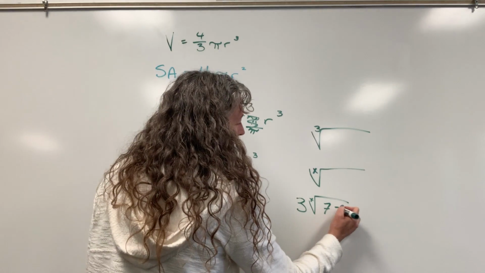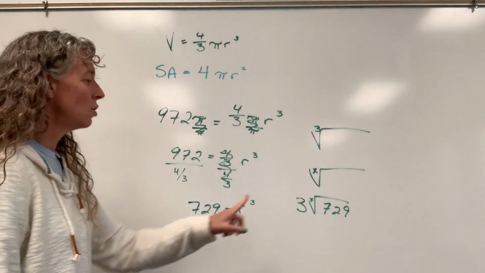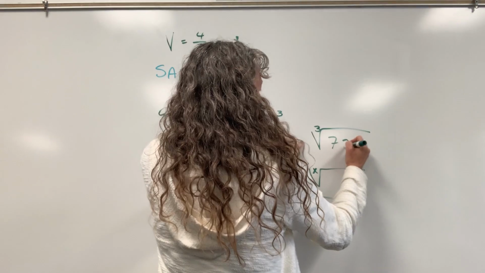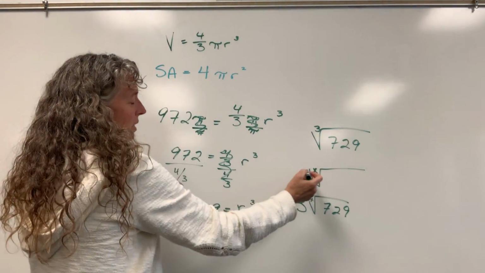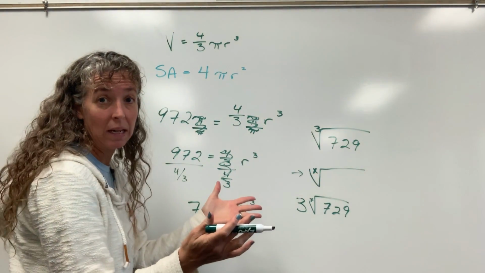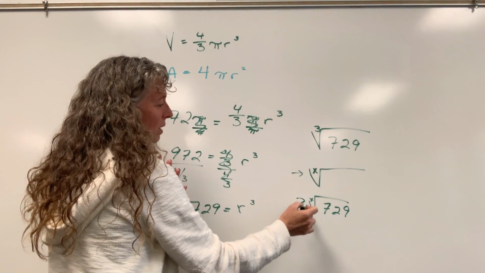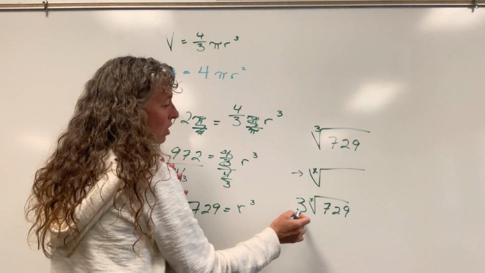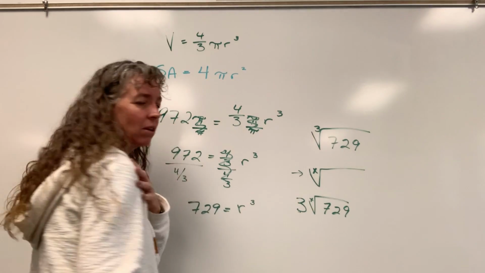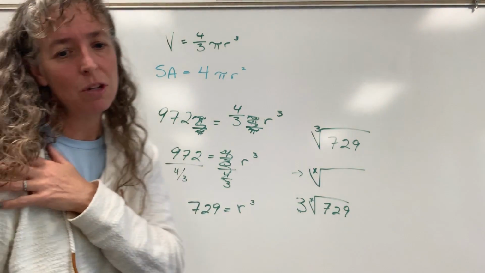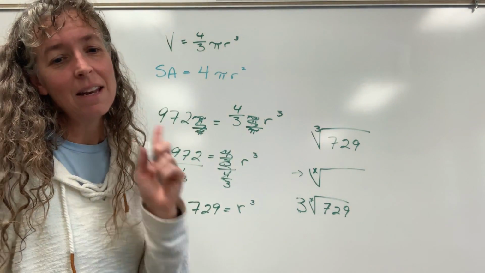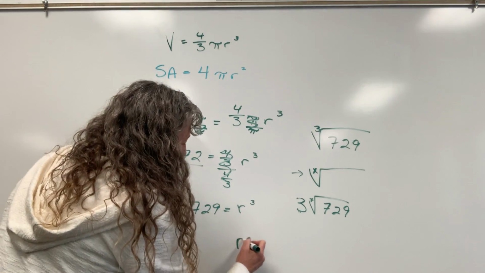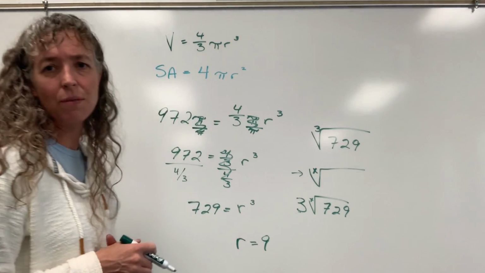You either use this button with 729 or use this button that can have any number you want in it. You just have to tell it what number to put in there first. So I'm just going to cube root 729. When you do that, you should get 9, that the radius is 9. But did they ask us for the radius?